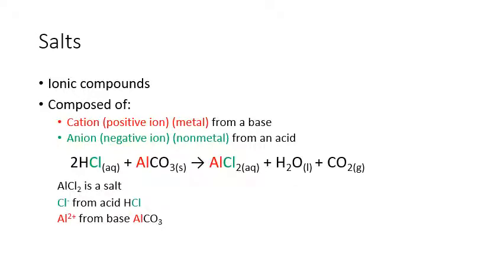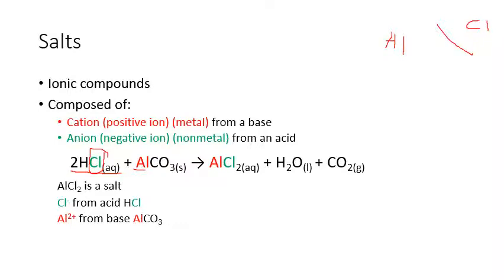So one final example of an acid-base reaction producing a salt would be this example here, looking at HCl, again, which is an acid. The HCl contains a Cl-, which is the anion from the acid. This is the non-metal component of the acid. Cl is over on this side of the periodic table, versus the aluminum, which is on the metal side of the periodic table. So aluminum is a metal, and the chlorine is on the non-metal side.